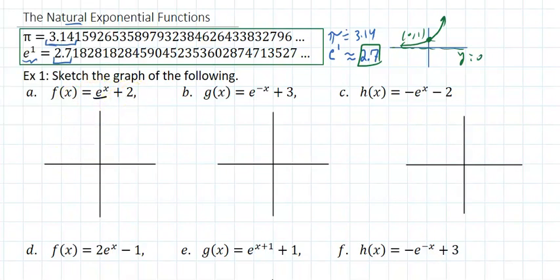Well, that is that graph. The point (0, 1) will shift 2 units up. It'll be (0, 3). Make sure you label that clearly. And the asymptote y equals 0, if I shift that 2 units up, would be y equals 2. And the shape is exponential growth, and there it is. Done. That's all we have to do.